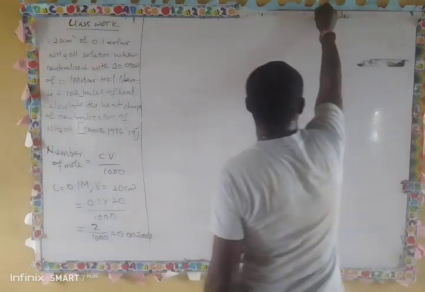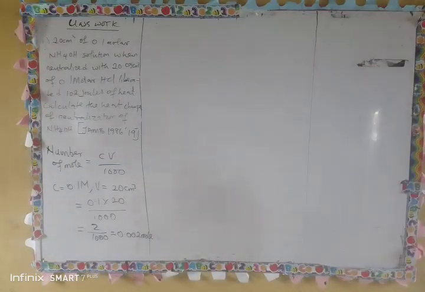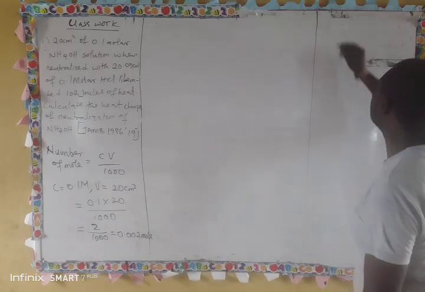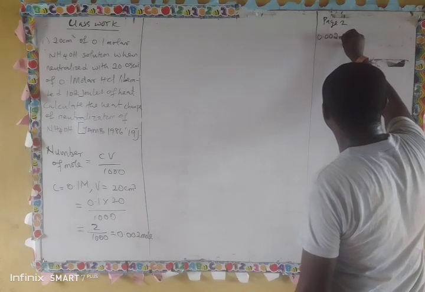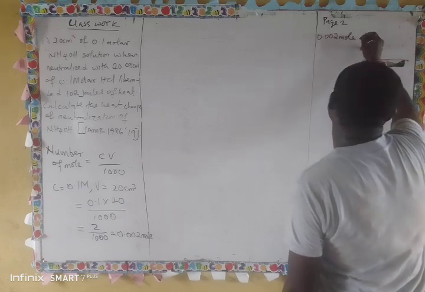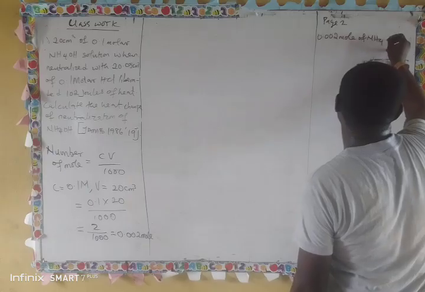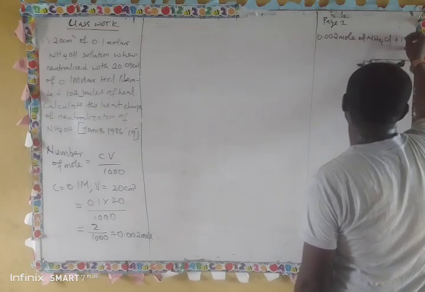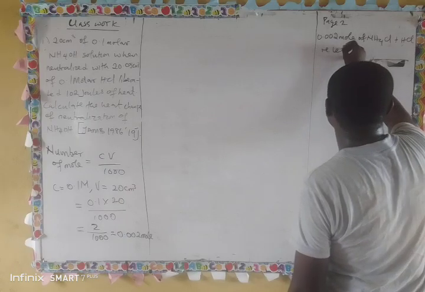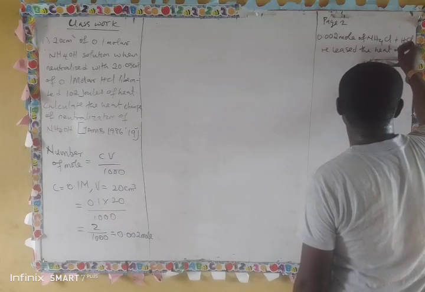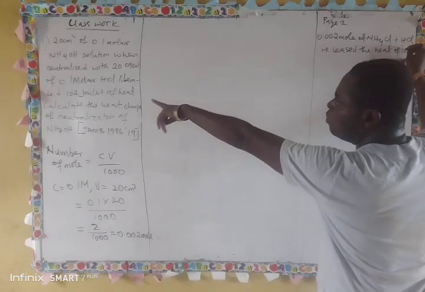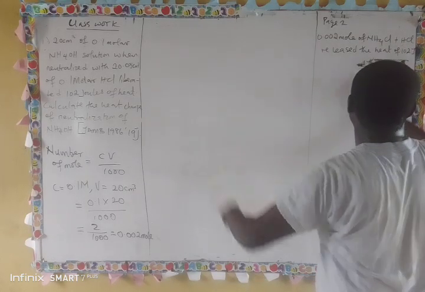But one of the standard conditions for heat change is that the concentration will be 1 mole, not 0.002 mole. So we now say, okay, 0.002 mole of NH4Cl plus HCl releases the heat of what in the question? 102 joules.